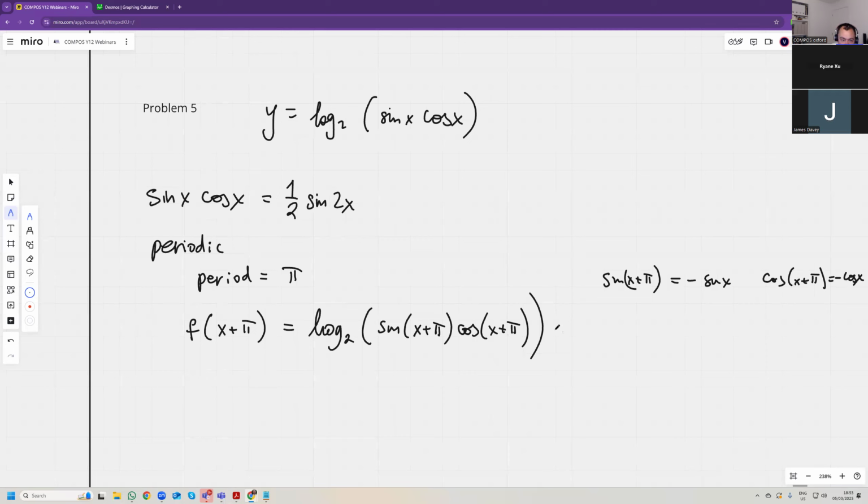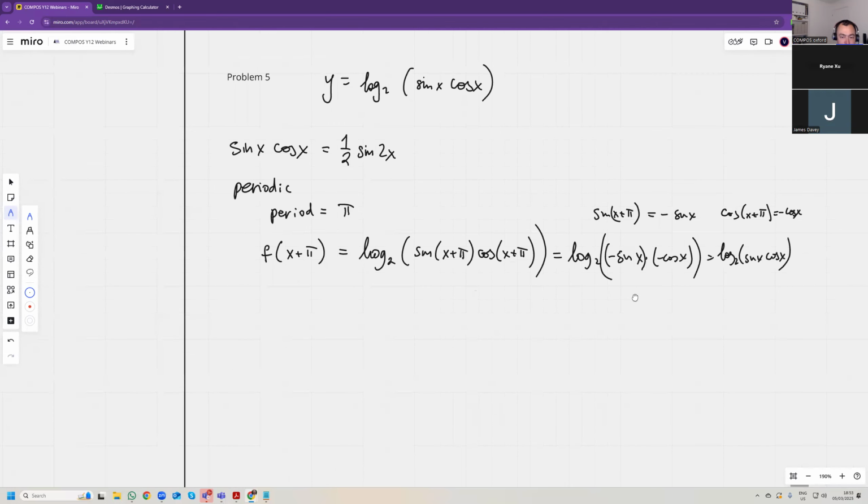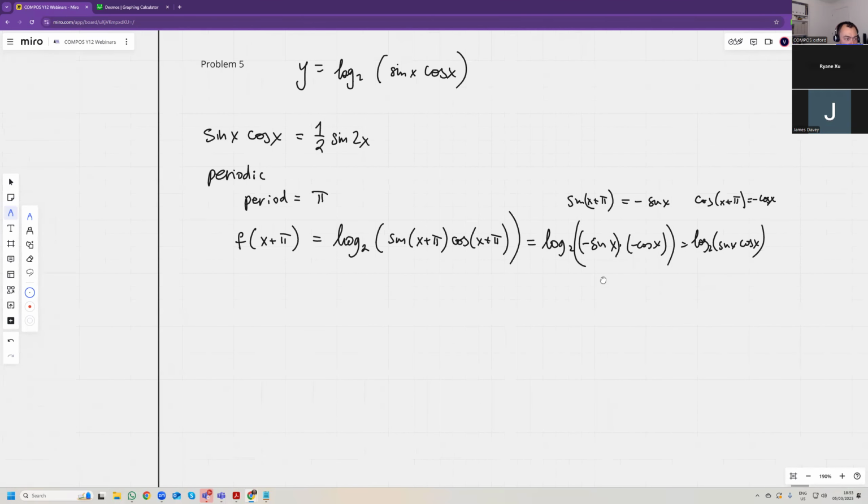So you sub them back in, and that becomes log 2 of 1/2 times minus sine x multiplied by minus cos x, which is the same as log 2 sine x cos x. So we've shown that the period is pi. So f of x plus pi is the same as f of x.